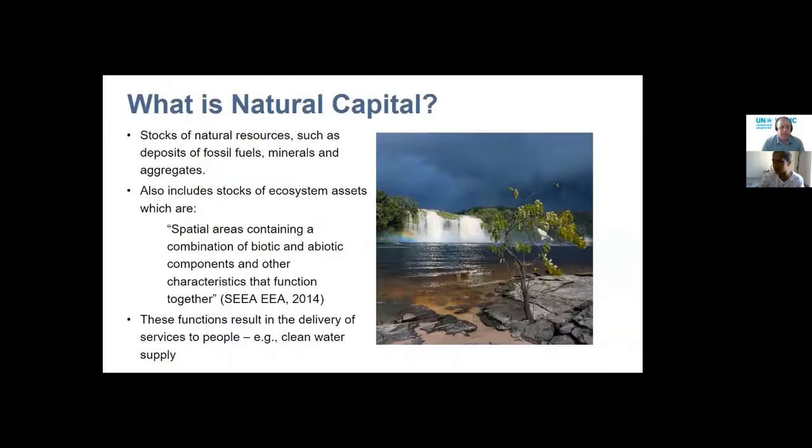And this definition is very well aligned essentially to the CBD definition for ecosystems, and this idea that we're trying to communicate that ecosystem assets are essentially a functional unit at a location that's providing a flow of ecosystem services, for example, clean water to people.